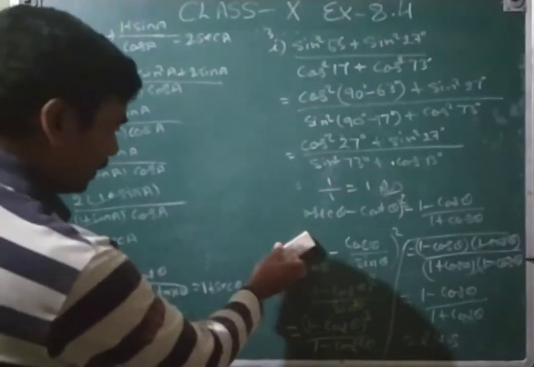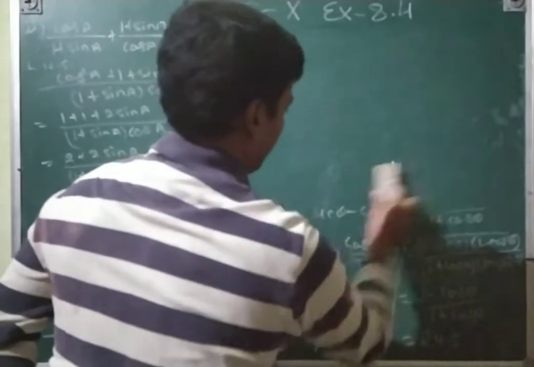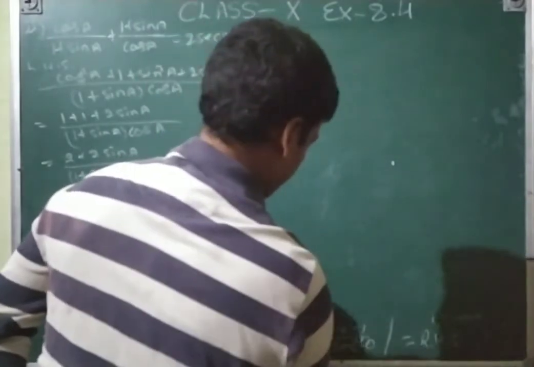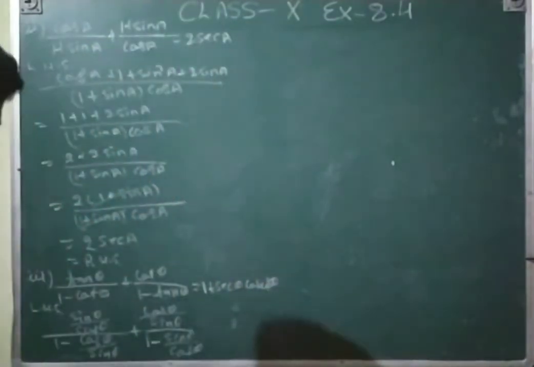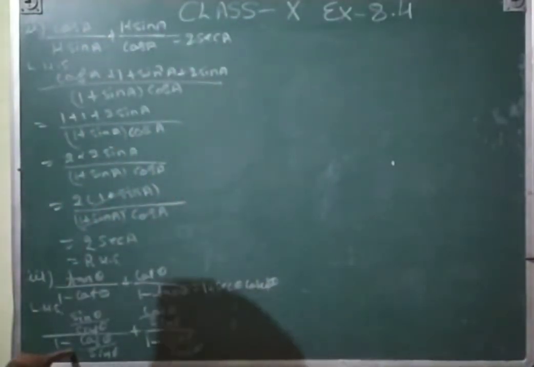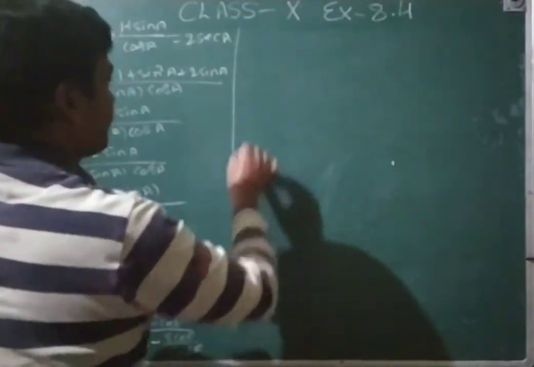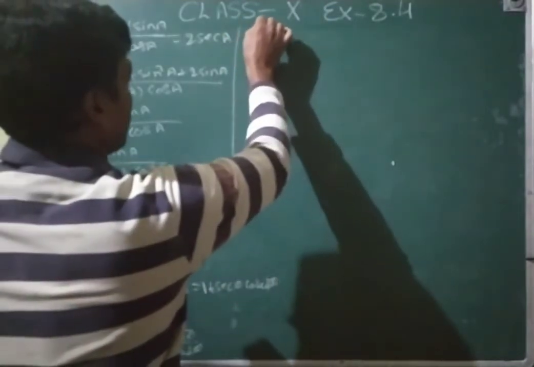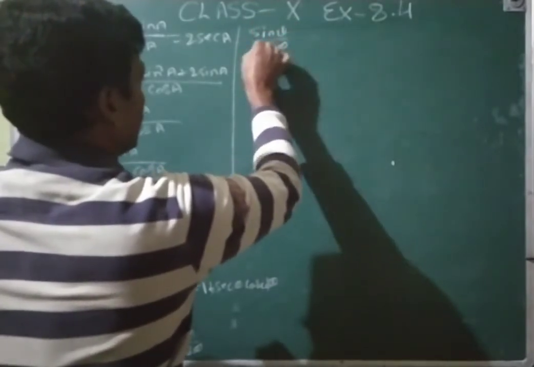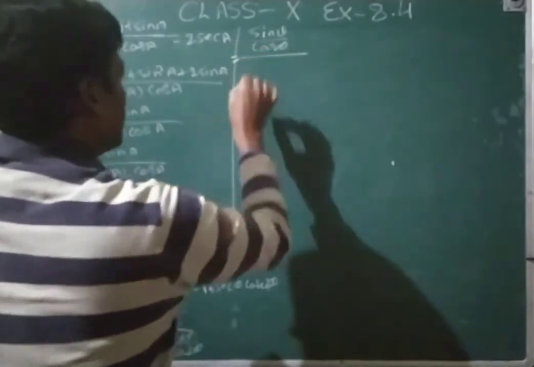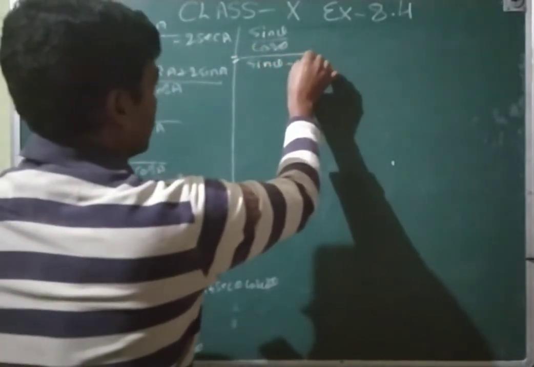And then after, we will see, here we will take the LCM and here also, and upper thing we will write same, so that sin theta upon cos theta upon sin theta minus cos theta.